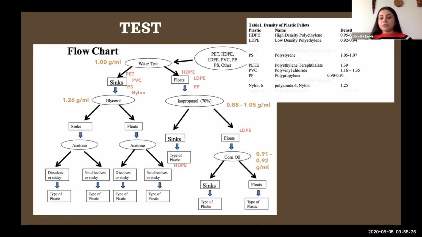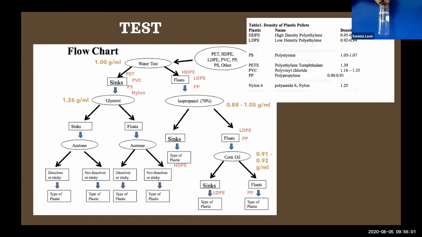Now, in order to make a final distinction between low-density polyethylene and polypropylene, we can use the corn oil test. We take into account a density between 0.91 and 0.92 grams per milliliter, where one will sink and the other one will float. At the end, our test will look like this.